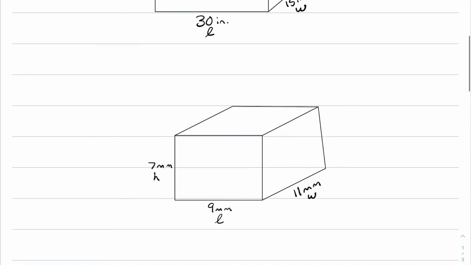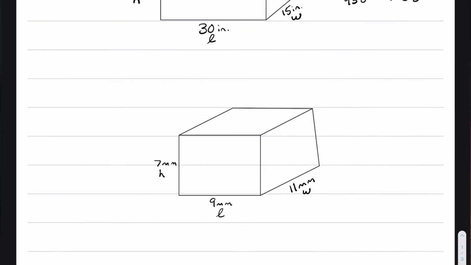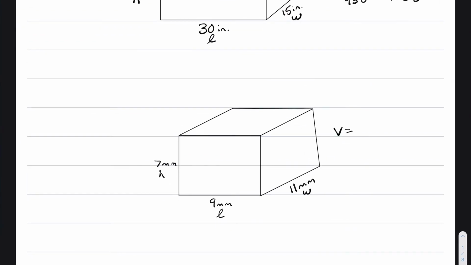Here we have a length of 9 millimeters, a width of 11 millimeters, and a height of 7 millimeters. So our formula is going to be 9 times 11 times 7. And like I said, you can multiply these in any order you would like.